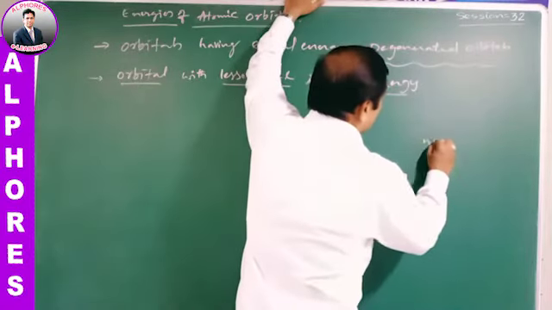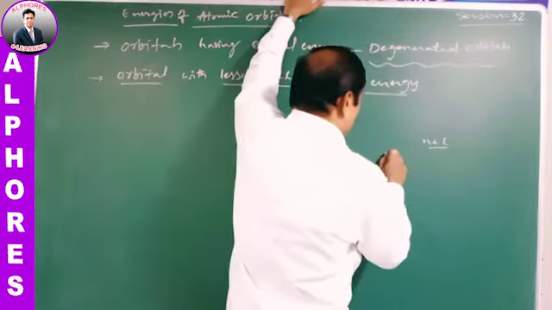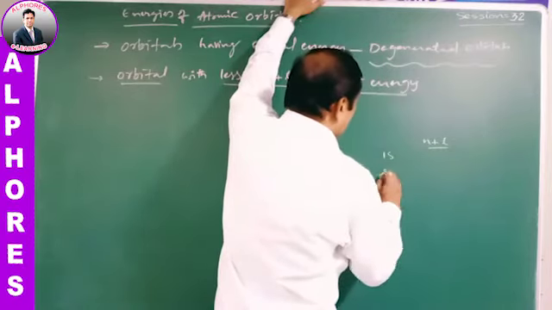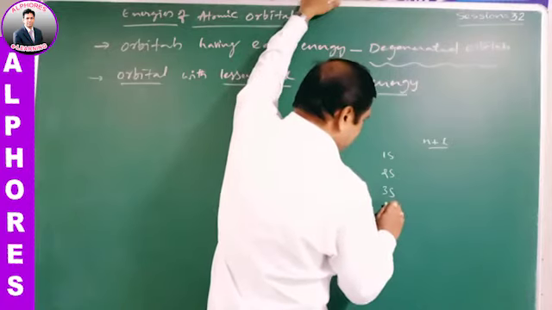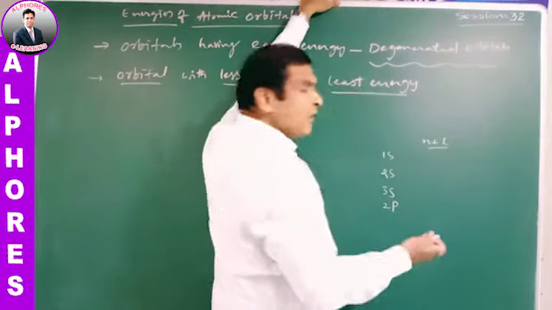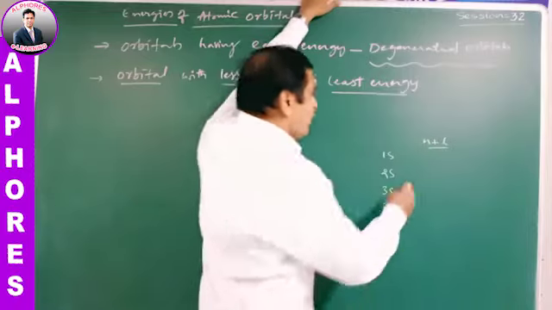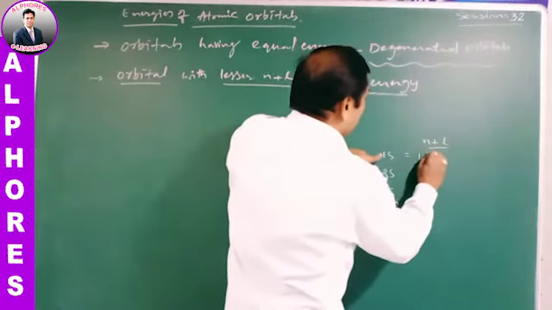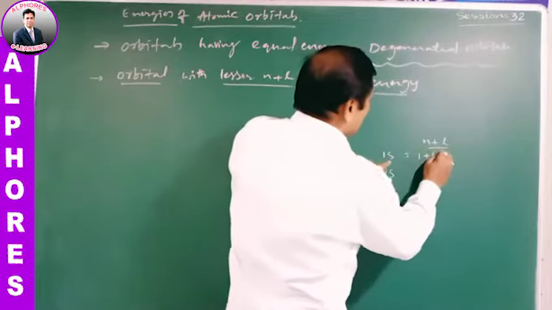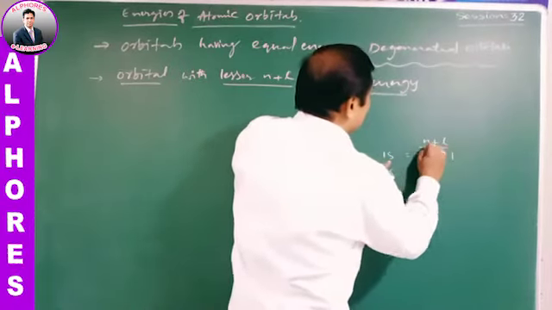Now, suppose we take the n plus l values for the 1s orbital, 2s orbital, 3s orbital, and 2p orbital. What is the n plus l value for 1s? n is equal to 1, and the l value for the s subshell is 0, so n plus l is 1.